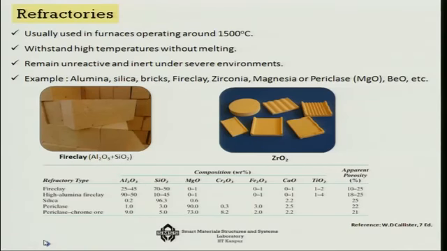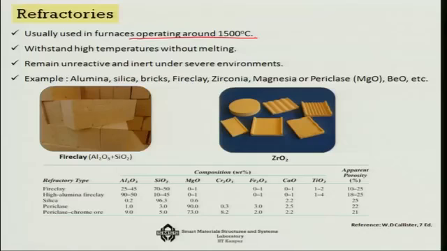The next, one of the biggest applications of ceramic materials, is in the refractories. For example, they are used in furnaces operating around 1500 degrees centigrade. If you look at the brick kilns where the bricks are prepared, the kiln itself is made of refractory grade ceramic materials.